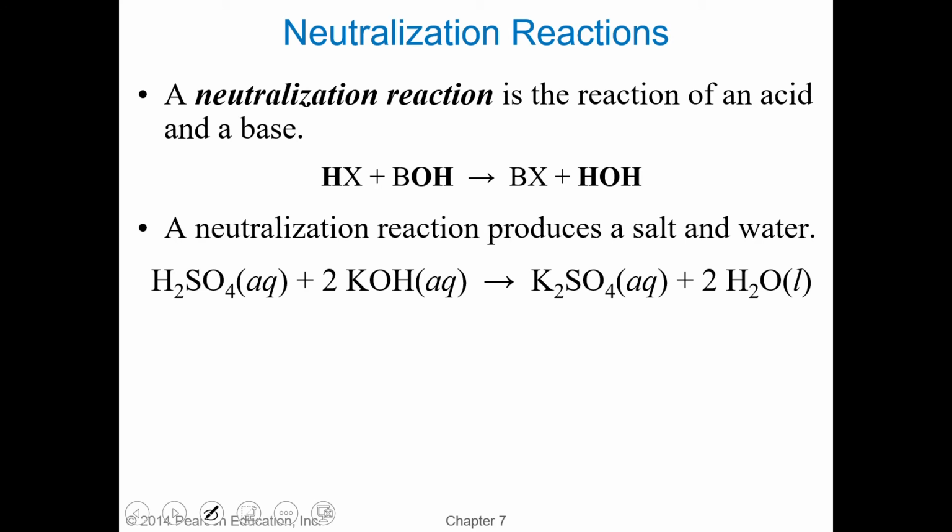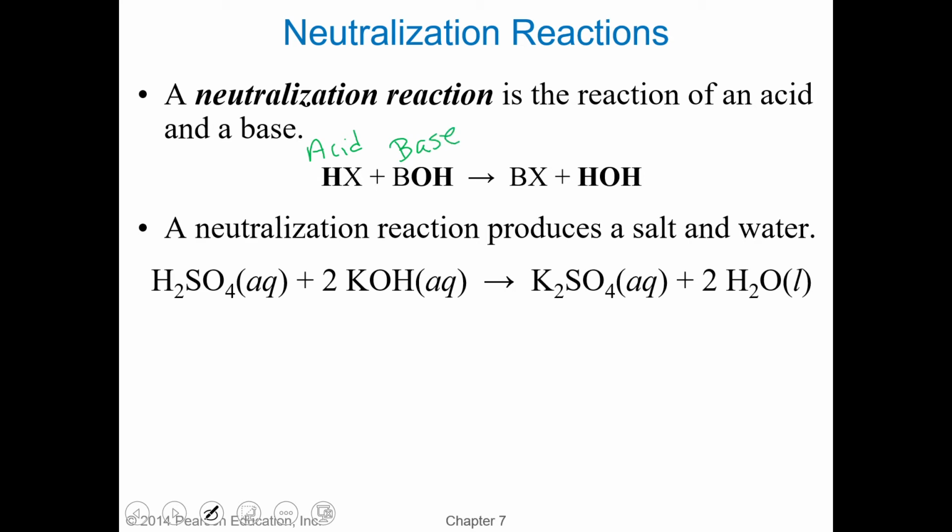Neutralization reactions mean acid plus base yields salt plus water. We can recognize our acid because it is preceded with an H. And we can recognize our base, for the purposes of this, as having that hydroxide.